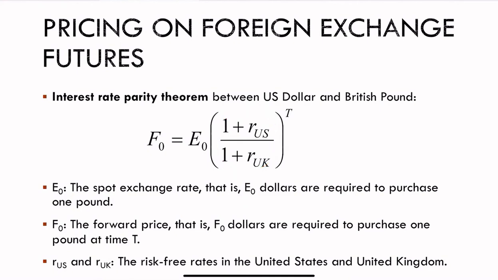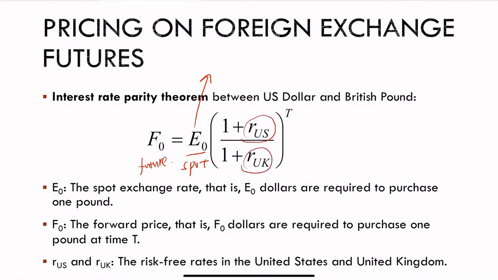The reason is because this E0 here is the spot exchange rate, right? And this F0 is the futures price. So it's again about spot and futures. But then spot and futures are related using interest rates.